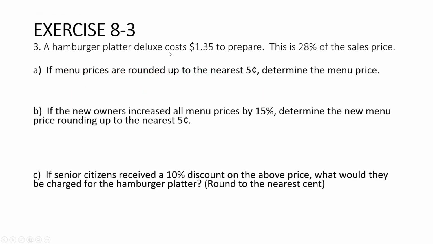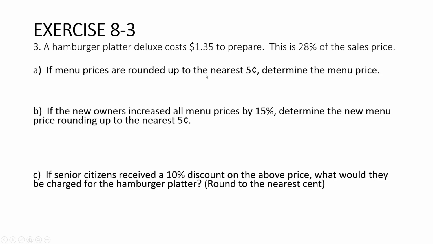Next question: a hamburger platter deluxe costs $1.35 to prepare. There's our food cost, $1.35, and our food cost percent at this particular restaurant is 28%. Let's figure out the menu price, rounding off to the nearest 5 cents. So 5 cents, 10 cents, 15, 20, 25.